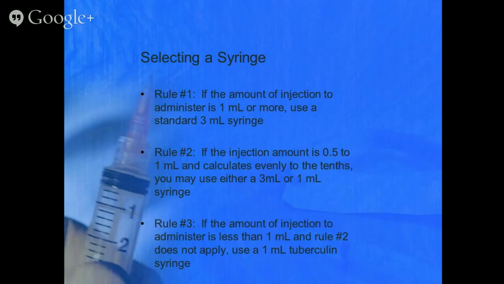And then rule number 3 says that if the amount to inject is less than 1 ml and rule 2 does not apply, which means it does not calculate evenly to the tenths, then you use the 1 ml tuberculin syringe. It goes to the hundredths.